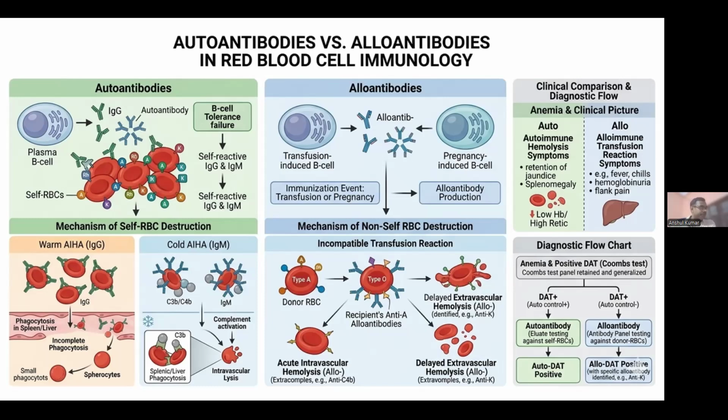Now, alloimmunization in the context of Rh incompatibility is primarily preventable. How can it be prevented? It is prevented through Rh immunoglobulin, which mimics the body's innate immunity antibodies.